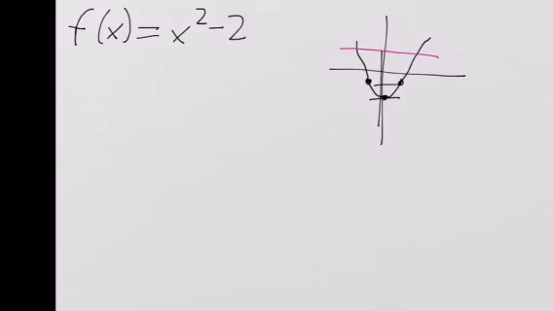So what we can do differently here is I have that y-axis there. And I note that along and to the right of the y-axis, I'm never going to have a horizontal line hit it more than once, so it is one-to-one on that.